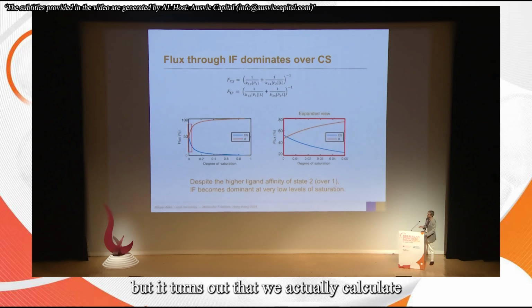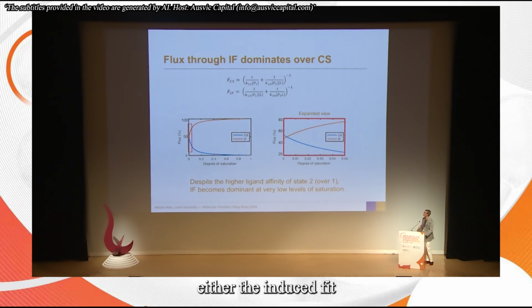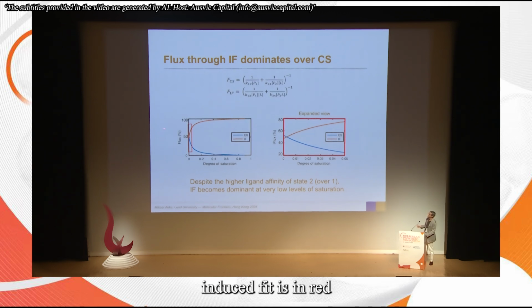But it turns out that if we actually calculate from these rates the flux, that is the mass transfer flow through each of the arms, either the induced fit or the conformational selection pathways, the induced fit pathway totally dominates, and that's shown here. So conformational selection is this in blue, induced fit is in red, and in this red box here we've expanded that on the right-hand side.